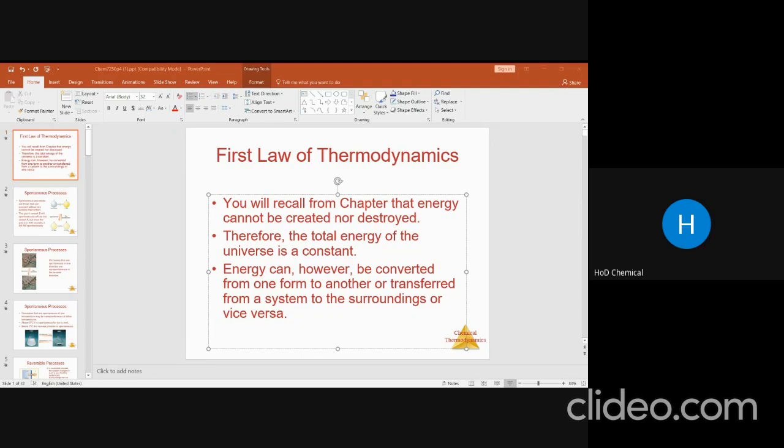Now we can understand the second law of thermodynamics by using entropy. This is the diagram. The vibrations and rotations of the molecules can be easily derived by Boltzmann, who describes the concept of entropy on the molecular level. Temperature is a measure of the average kinetic energy of the molecules in a sample.